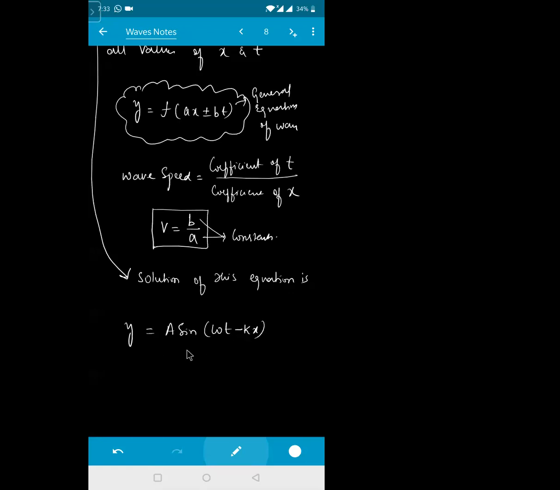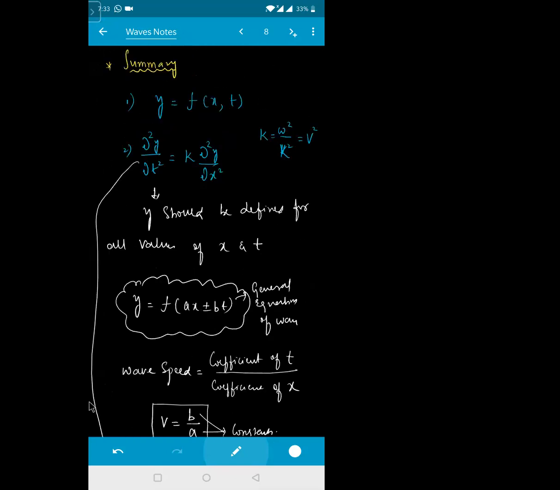So this is the wave equation. These are the things we have learned till now. Clear for everyone? y should be a function of x and t, and y should be defined for all the values of x and t.